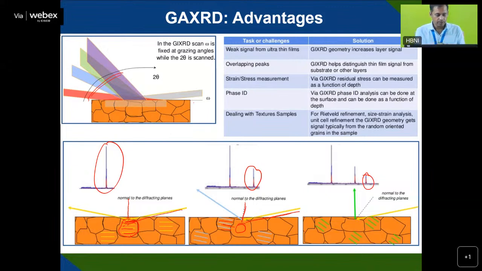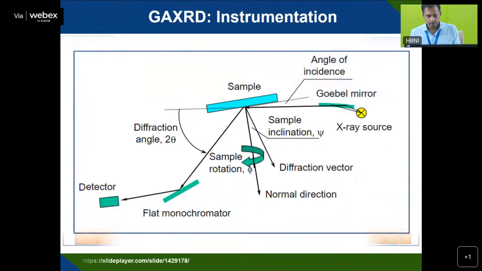You can vary the penetration depth of the X-ray beam inside the sample. Here, if you look at the instrumentation, the X-ray source is kept here, the X-rays fall on the mirror and then come to the sample.